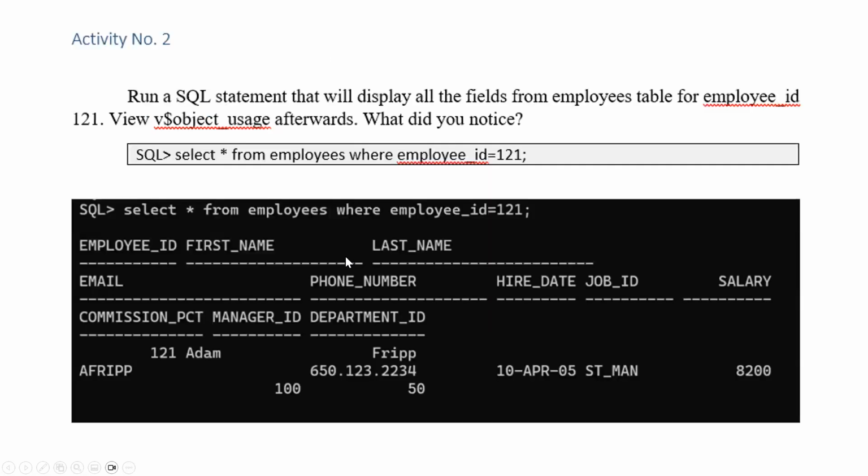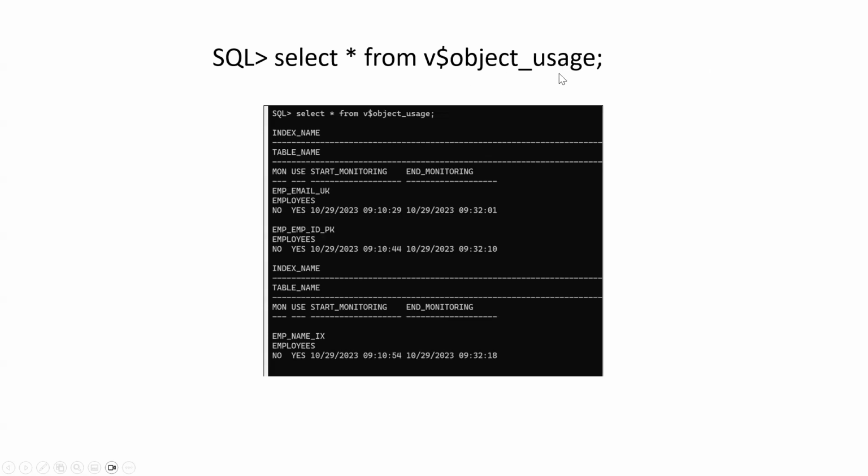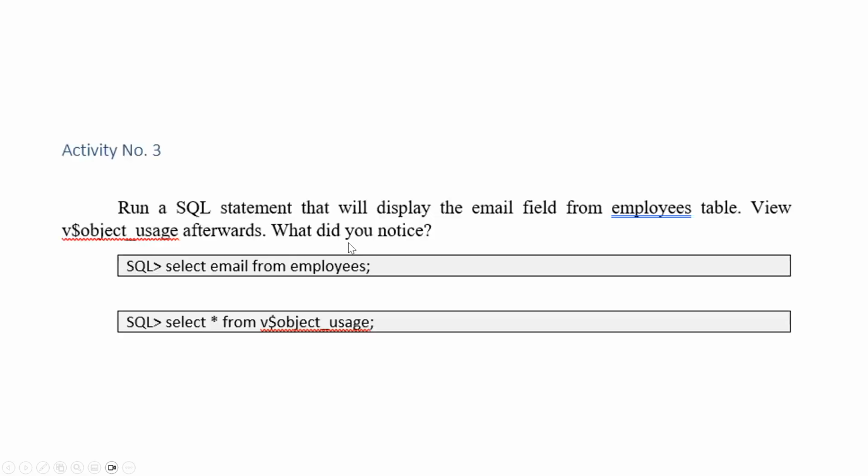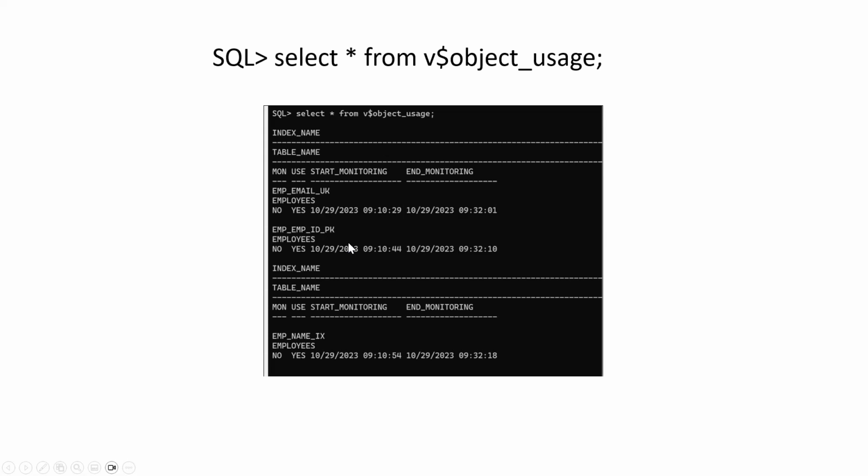So these are the three indexes that we have set the monitoring on. And hence, when we are saying we want to view the object usage, it is showing us the details about them being on or not. Okay, that is activity 2.